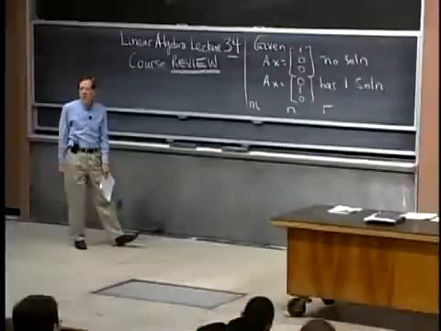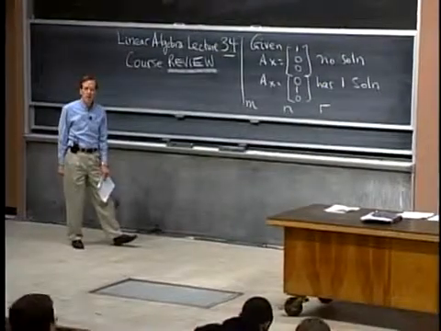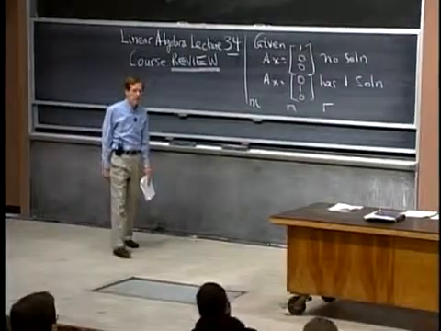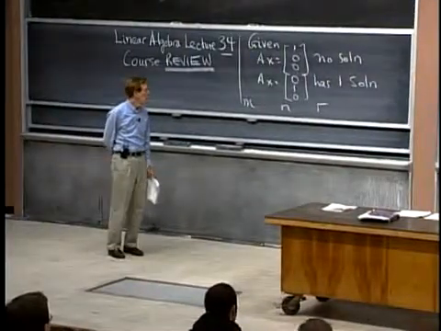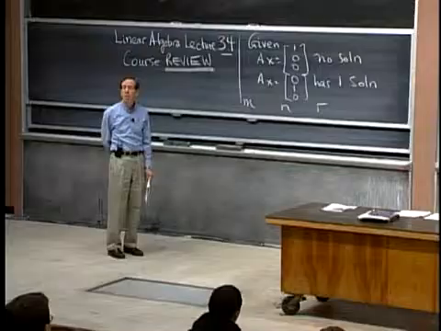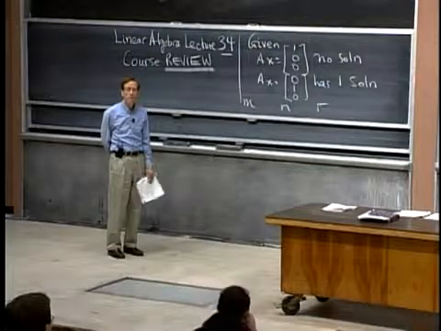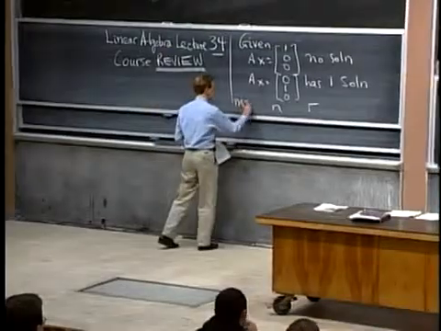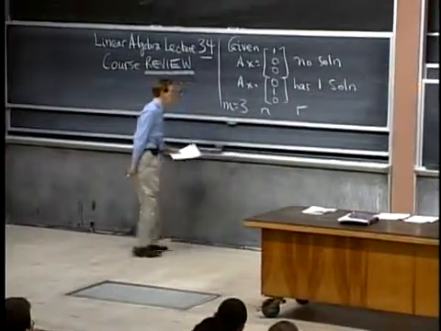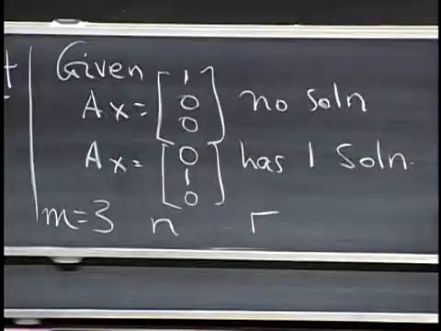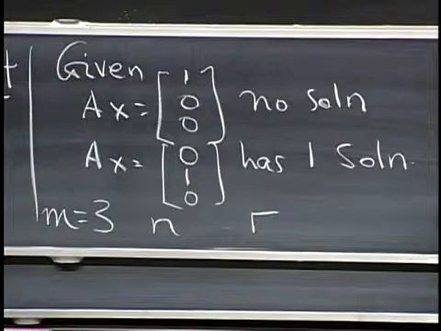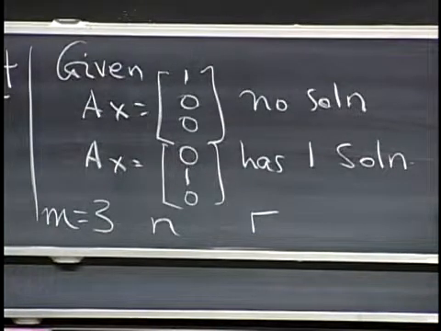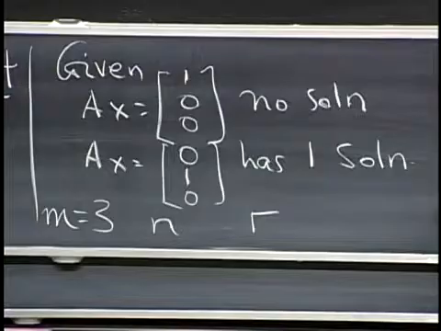Do you want to tell me first what M is? How many rows in this matrix? Must be 3, right? We can't tell what N is, but we can certainly tell that M is 3. Okay. And so what do these things tell us?